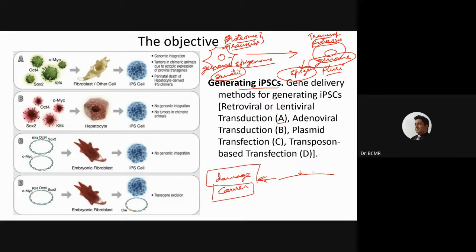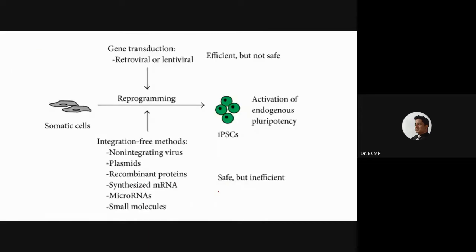So there are two ways of doing this: one is to use genetic methods, and the other is to use non-genetic methods. We will have a look at it; I will take this slide at a later time. So this is essentially what we are trying to do.